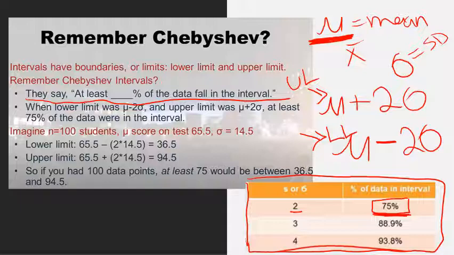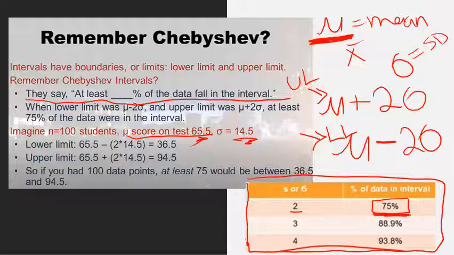So in our example with the 100 students, let's say the mean score on the test was 65.5 and the standard deviation was 14.5.